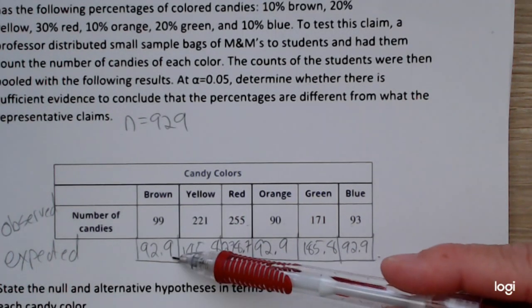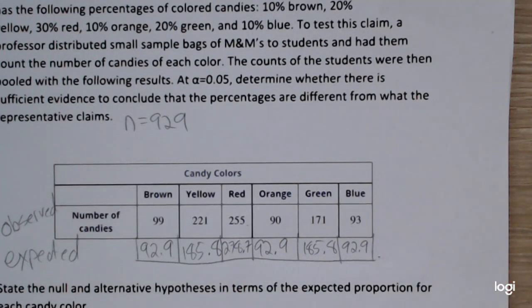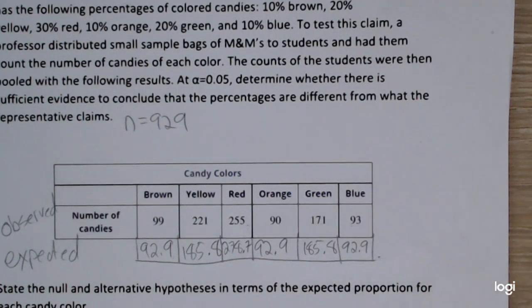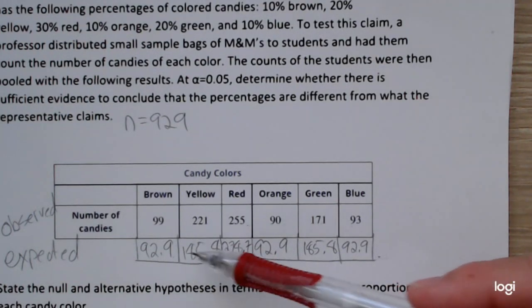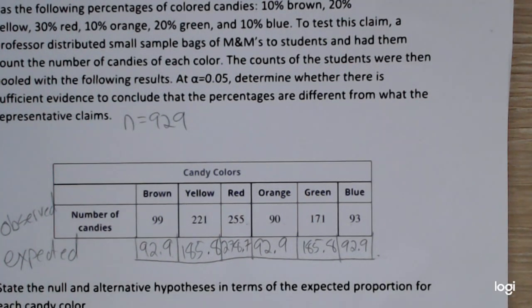The expected, if we were to do this experiment over and over again, we would expect about 92.9. Now I know we can't, well I guess you could have a fraction of an M&M, but typically they're whole M&Ms. But we're going to go ahead and leave it like this, just in case you need to input some expected values into your homework and they want you to carry it out 1 or 2 decimal places.